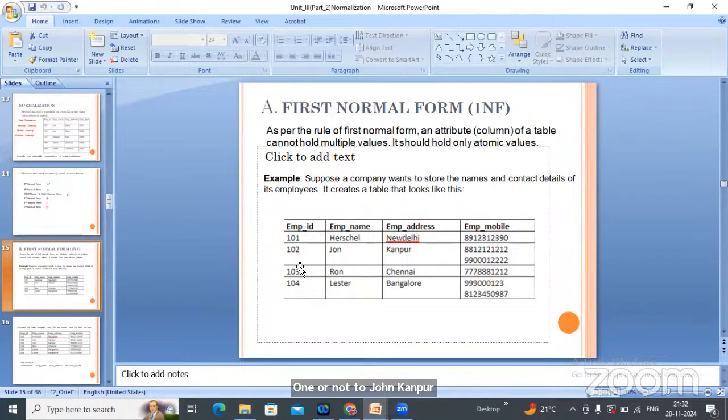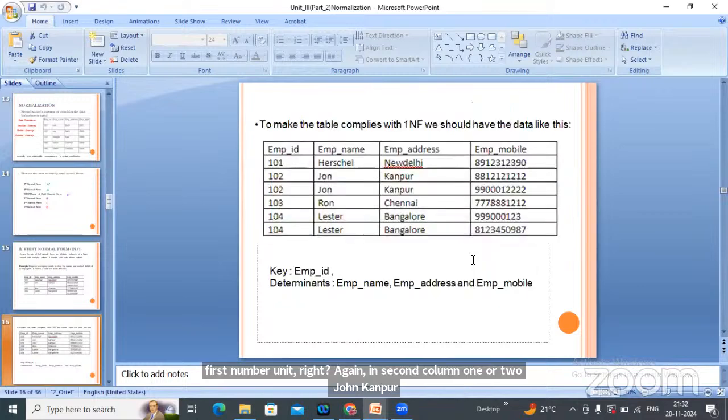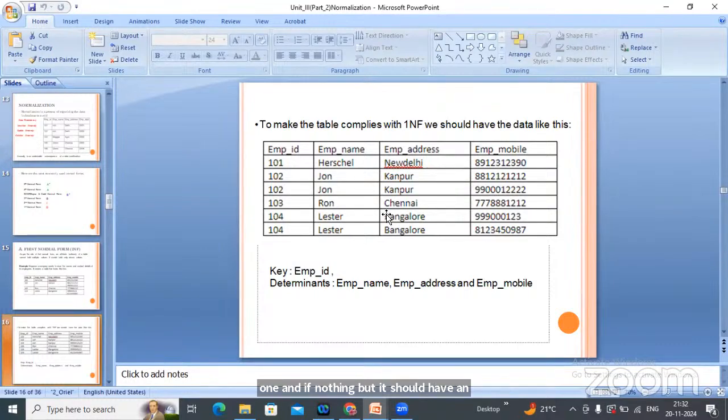Again, in the second row, 102 John Kanpur with the other number, right? See here, example. So this is 1NF, nothing but it should have atomic values. Next, as per the rule of 1NF, an attribute should not hold multiple values at a time. Okay.